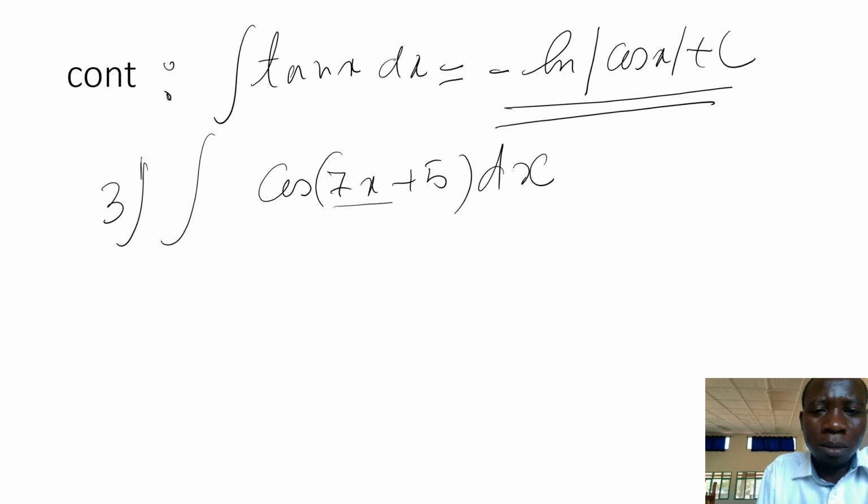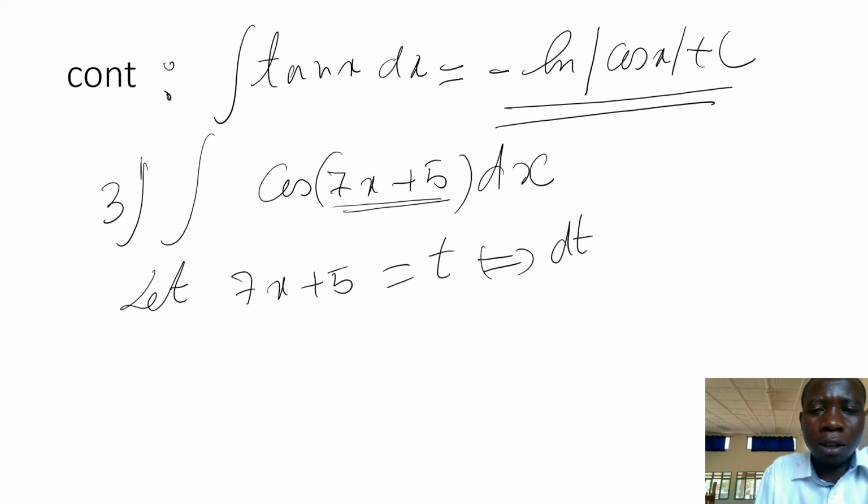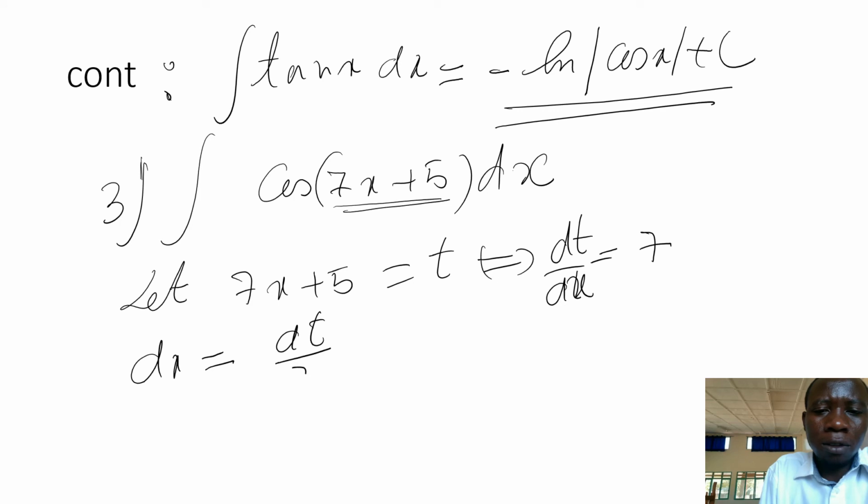We take this bracket and we put it in a new variable. t equals 7x plus 5, and from here dt/dx is equal to 7. So dx is equal to dt over 7.